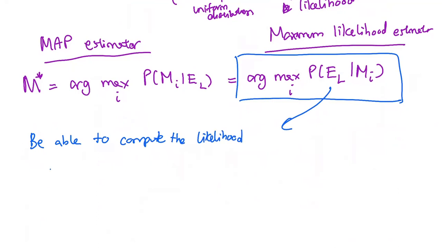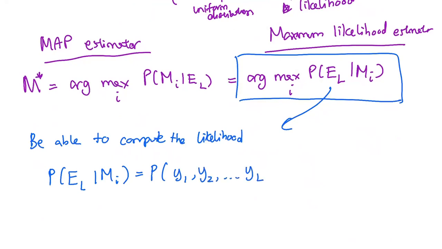Remember that this notation, P of Y given Mi, is really the probability of observation Y1, Y2, all the way up to time L, for a particular model, for the i-th model, right? So for every model, you have this probability distribution.